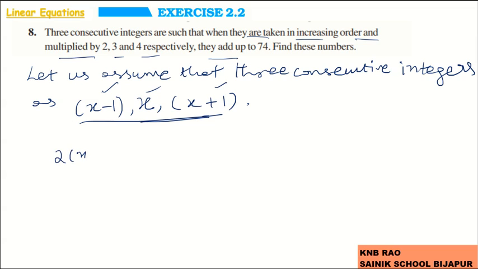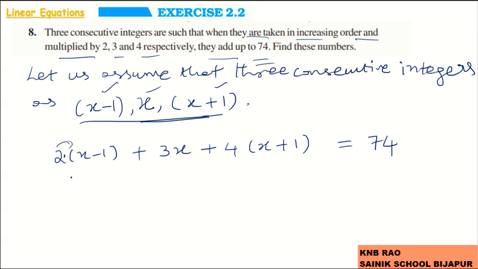Now the first one is multiplied by 2, the middle one is multiplied by 3, and the last, that is the third one, is multiplied by 4, and their products added give you 74. That is what he says. Now remove these brackets by multiplying with the respective numbers.